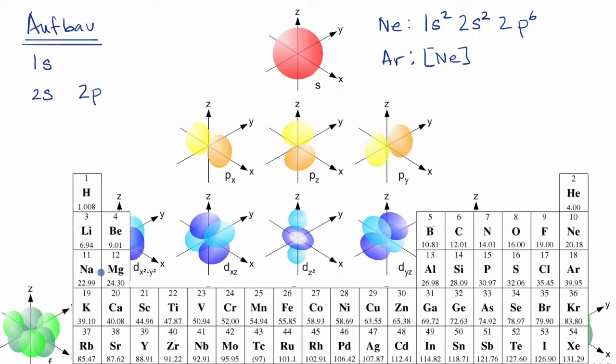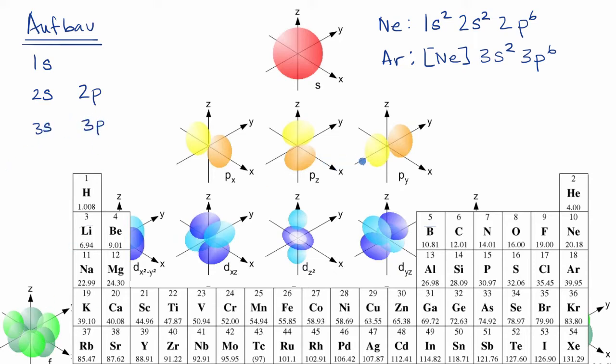So from neon, we would then add 2 electrons into the 3s subshell, 3s2. And then to get to 18 electrons, we're at 12 right now, we're going to have 6 more that are going to be in the 3p subshell. So 3p6. So on this diagram over here, we went from 2s to 2p to fill up neon. And then as we went to argon, we go to 3s to 3p.